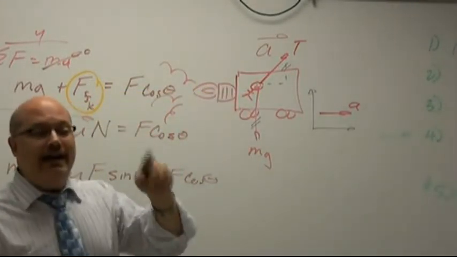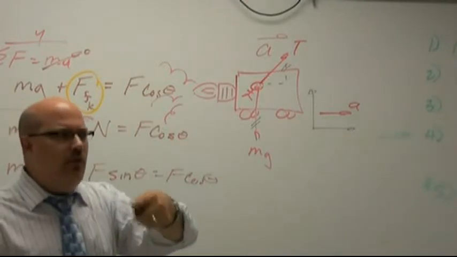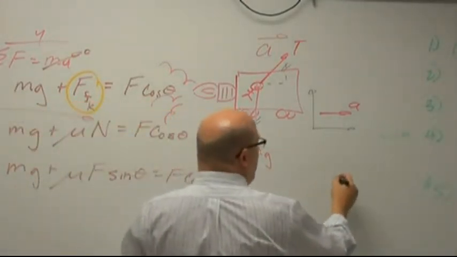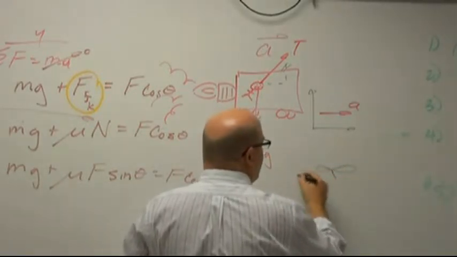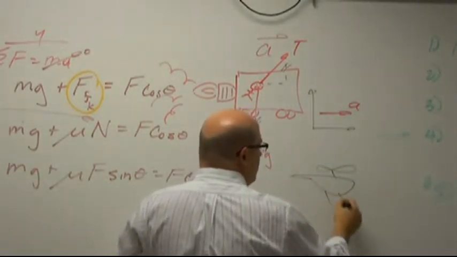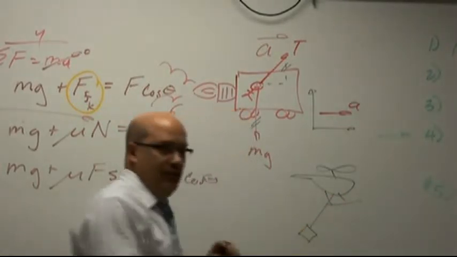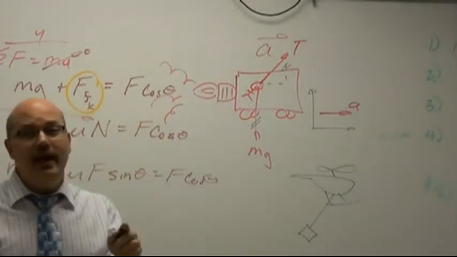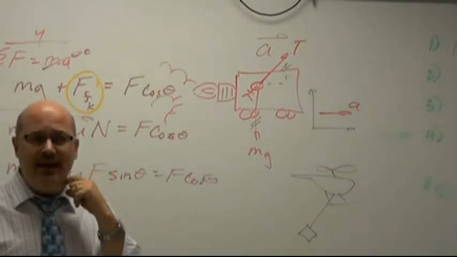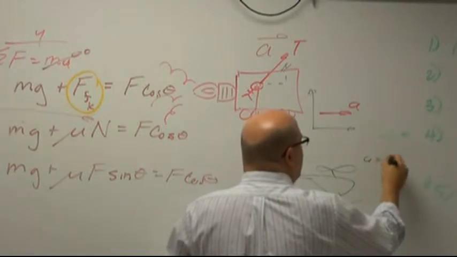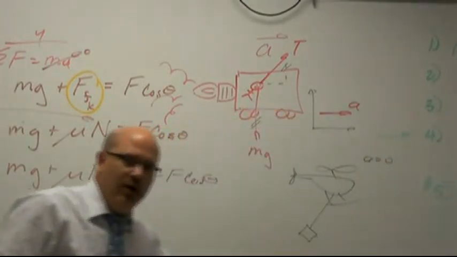Okay. Now, that's the one with the car with the ball and the string. There's a helicopter problem. In the helicopter problem, you have your helicopter. The helicopter is dragging something behind it through the air. But in this case, the helicopter is going at a constant speed, I believe. And if you're going at a constant speed where the acceleration equals 0, then what happens to all the forces here?